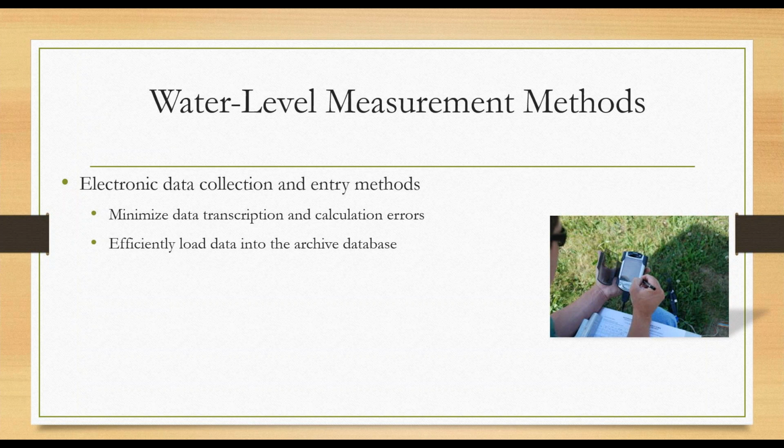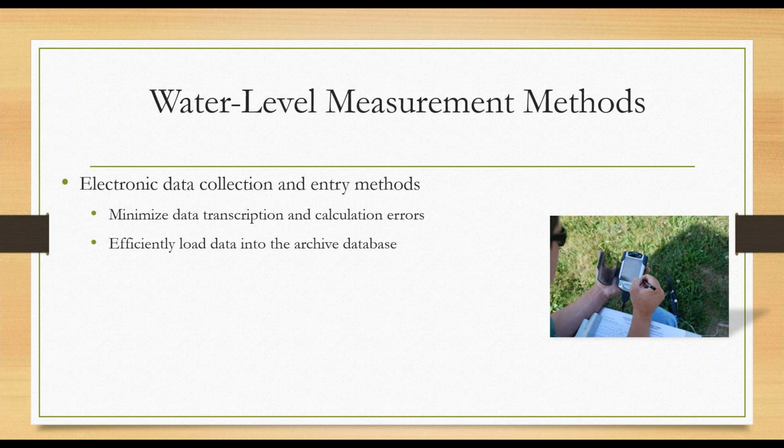If you're writing it on a piece of paper, you get distracted, you're doing a calculation of a measuring point, you're subtracting off a measuring point from your land surface datum, you make a math error. You may not catch that early on.